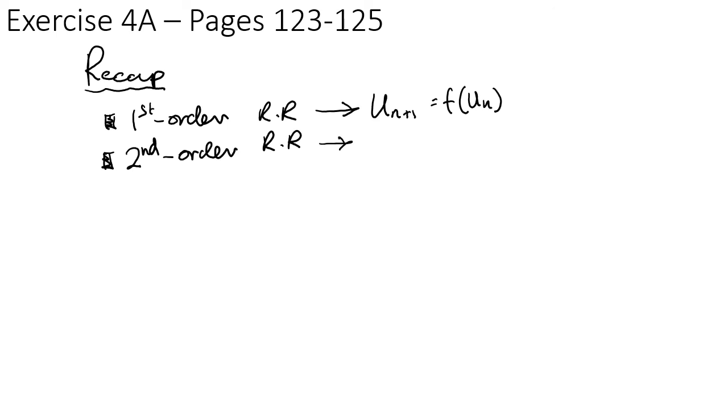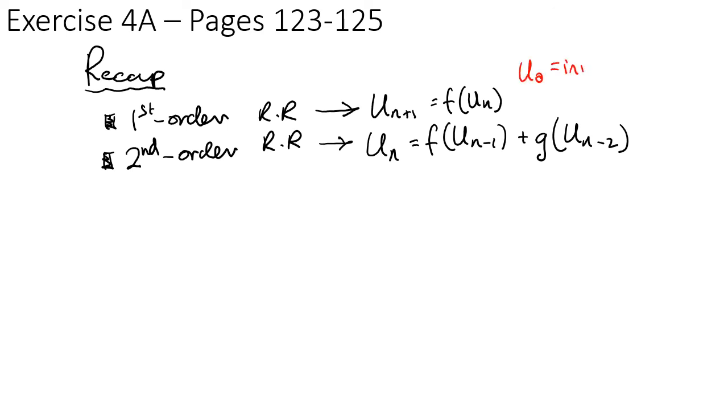A second order recurrence relation, if we write it like this, has u_n as some function of the previous two terms, like this. For our first order recurrence relation, we're going to have u_0, which is our initial condition. For a second order recurrence relation, you're going to have u_0 and u_1, so you've got initial conditions. So we need two values to get us started.